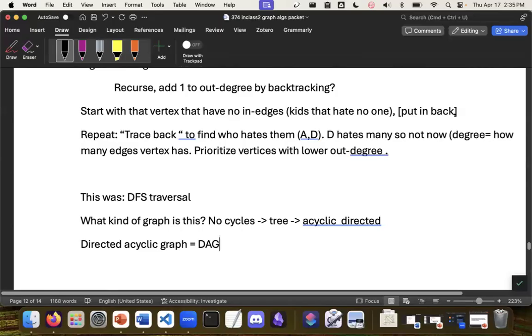And something we can find on a directed acyclic graph is something called topological sort. And so this question, in fact, has asked you to come up with how do we find a topological sorting? Let me pull something up.